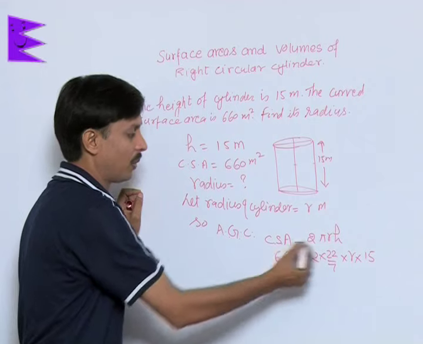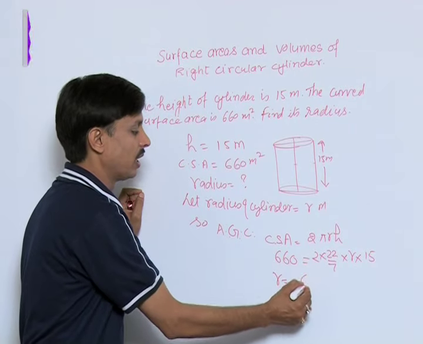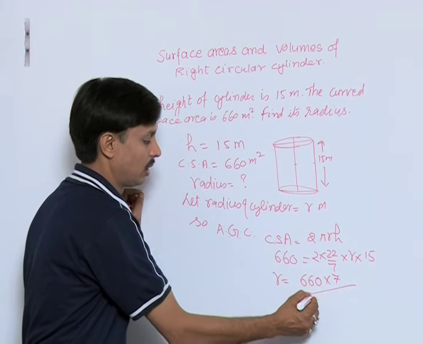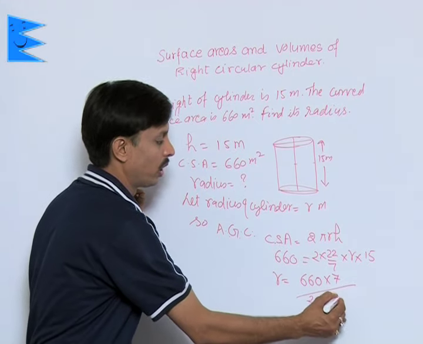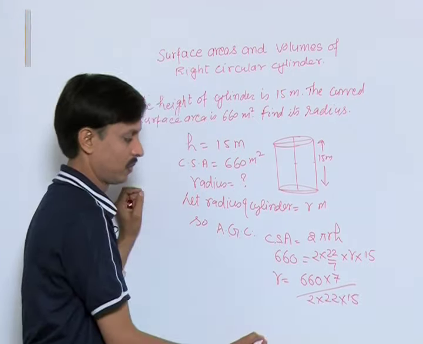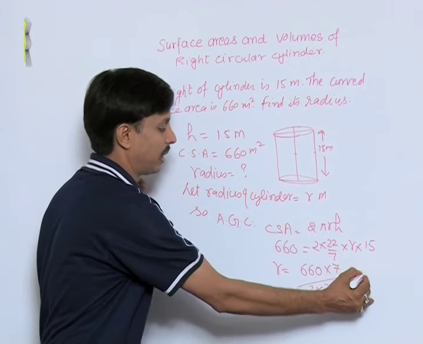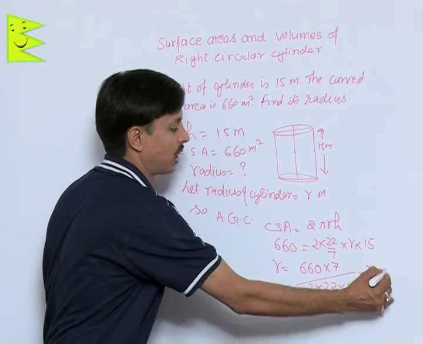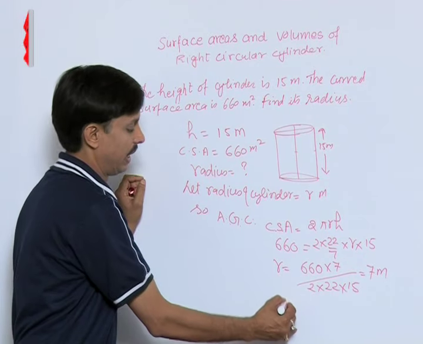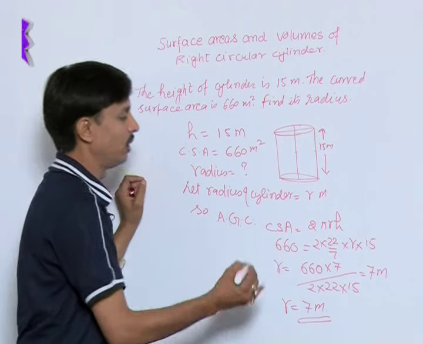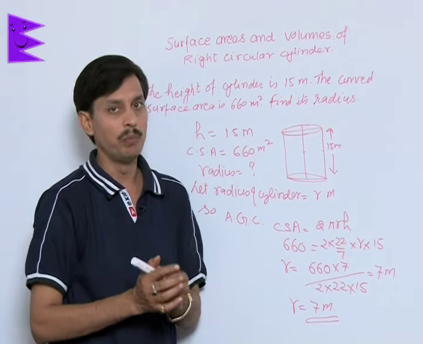With the help of this relation, radius will be 660 into 7 upon 2 into 22 into 15. So you will simplify, divide and multiply and get radius equals 7 meter. Hence radius of the cylinder is 7 meter.